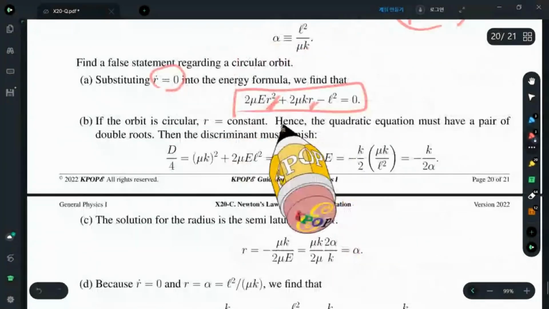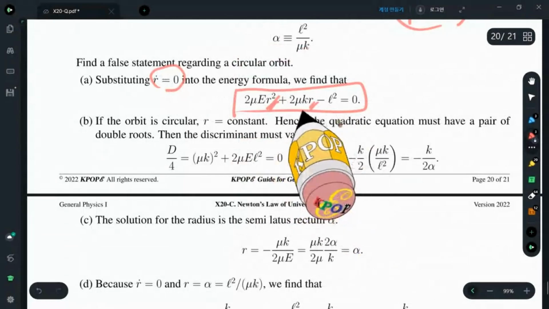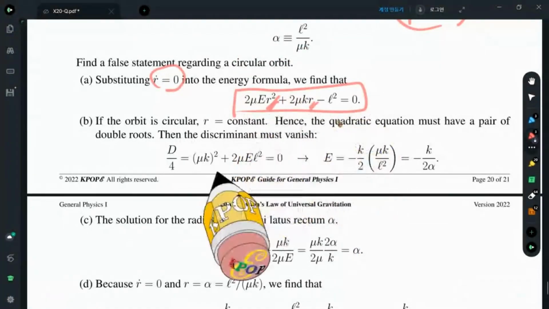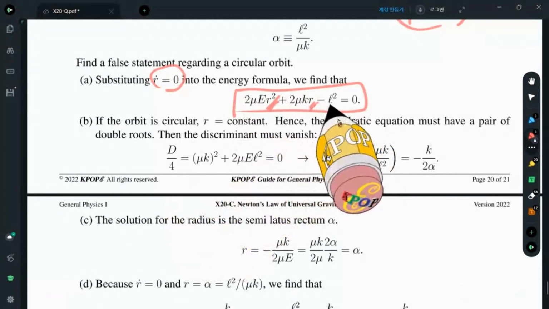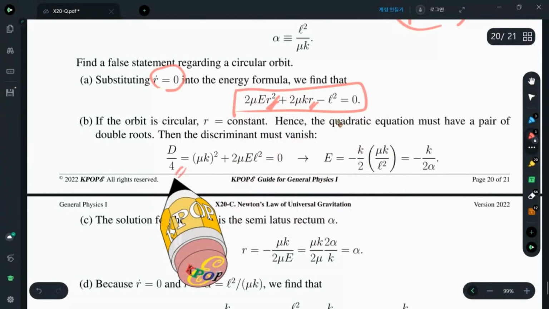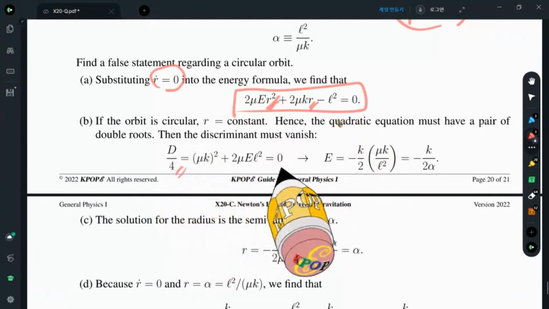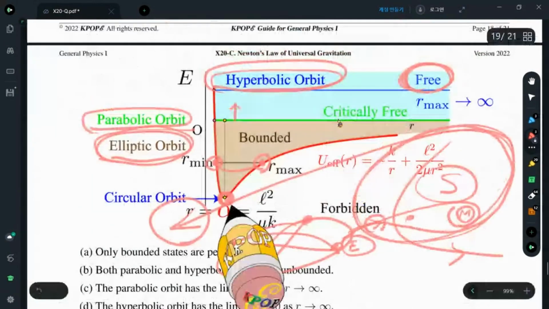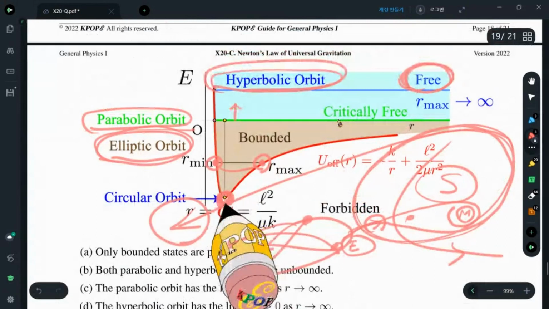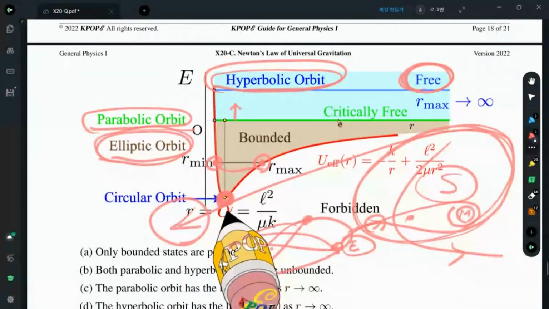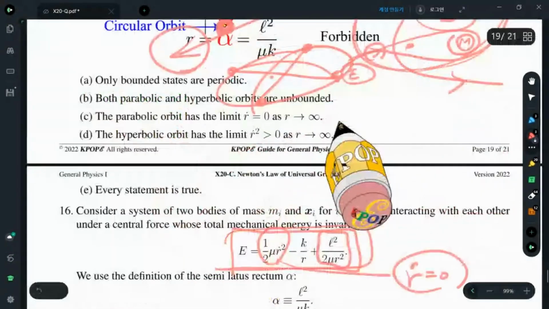So a middle school student can solve this quadratic equation, and the value of r is determined by this discriminant. When the discriminant becomes 0, it has a double root. When it has a double root, the solution for the radius is just the semi-latus rectum, which is a circular orbit.